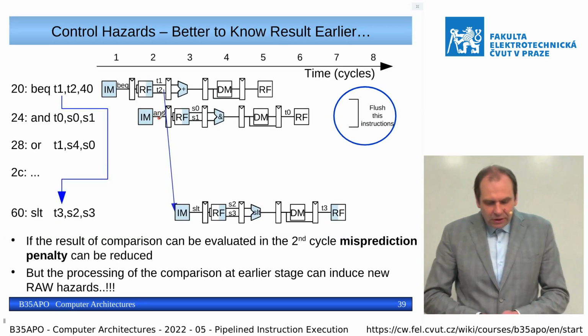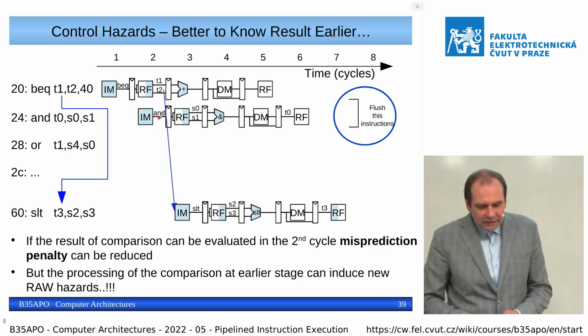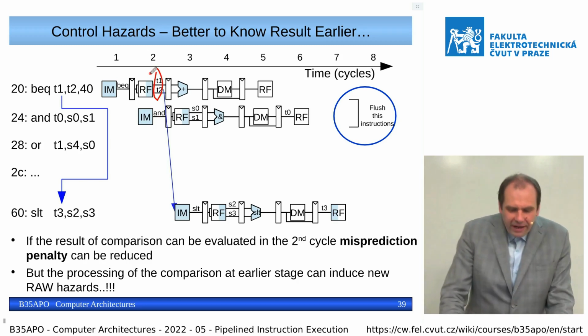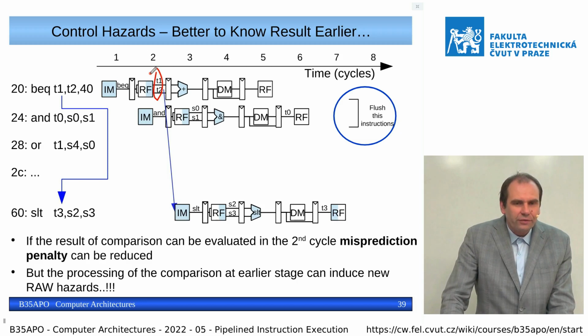The other option, which is used in the MIPS architecture, is that we have a simple mechanism to compare two registers for equality, because if you want to compare registers for equality, you do not need a full adder.